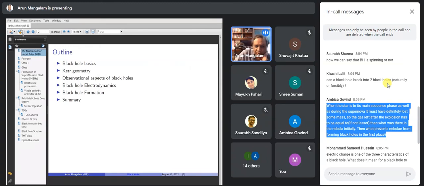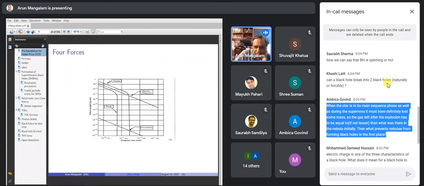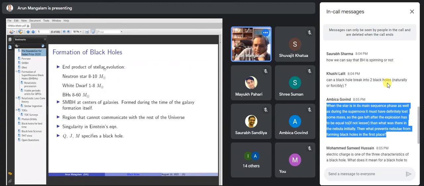Okay, I think I have the answer in one of these slides. See, the end product of stellar evolution, a neutron star, has to have a progenitor, what mass it started off with. The progenitor of a neutron star, which could be of a few solar masses, will be about 8 to 10 solar masses. Which means if you take a 10 solar mass star, 7 solar masses will be blown off, and about 3 solar masses will remain.